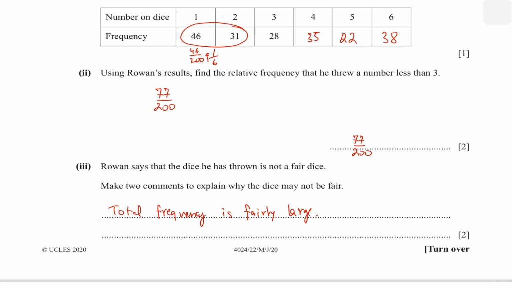So we can say that 46 upon 200 is not equal to 1 upon 6, or you can give any other value. You can say that let's say 31 upon 200 is also not equal to 1 upon 6. Why? Because if it were a fair dice, the relative frequencies would have been equal to 1 upon 6, or if not exactly equal to, they would have been close to 1 upon 6, but that's not the case clearly.